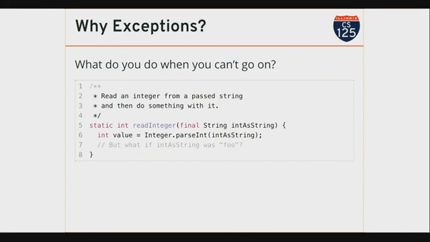But what do I do if you've passed me a string that is not parsable as an integer, something like foo, or just a string of characters that I can't parse properly? What am I supposed to do at this point? This is your fault. Someone called this function with a bad argument, but my code needs to be able to figure out what to do to handle this kind of situation.